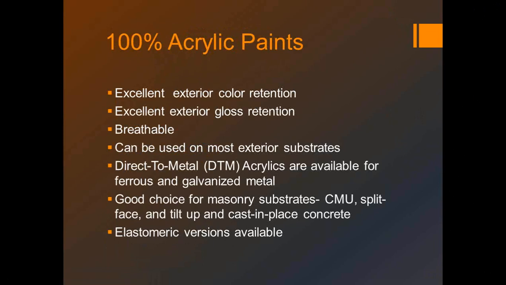Excellent exterior color retention, great place to be using 100% acrylic paints, excellent exterior gloss retention, and a breathable film. As we just talked about last month, that breathability factor is extremely important. So that allows the wall to dry, if it has any moisture in it, to dry out through the paint coating. Exactly. And not all paint coatings have that ability.